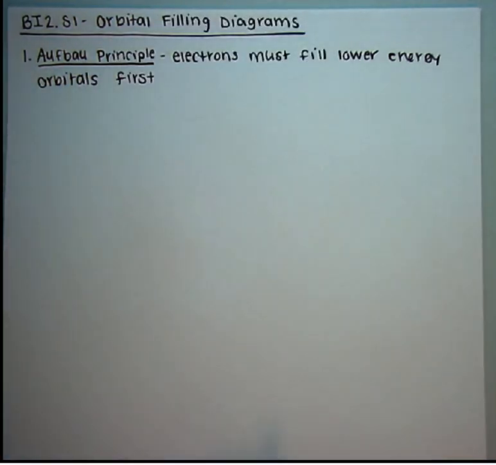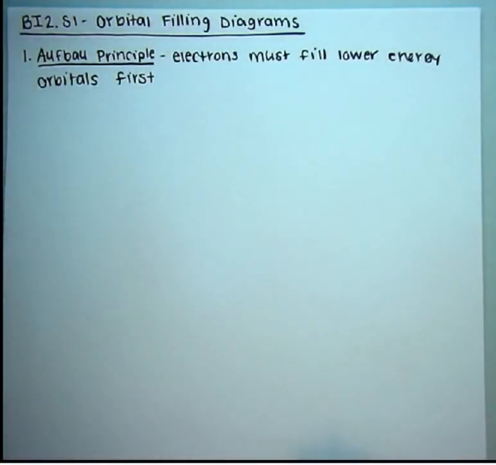So this is just like when you're drawing a Bohr diagram. You would put 2 electrons in that first energy level before you would go to the second energy level. You would fill the second energy level with 8 electrons before going on to the third. The lower energy orbitals are closer to the nucleus, so we must fill those lower energy orbitals first.